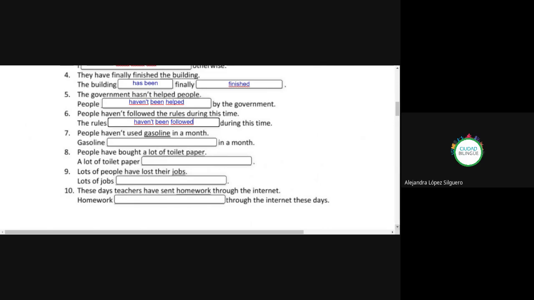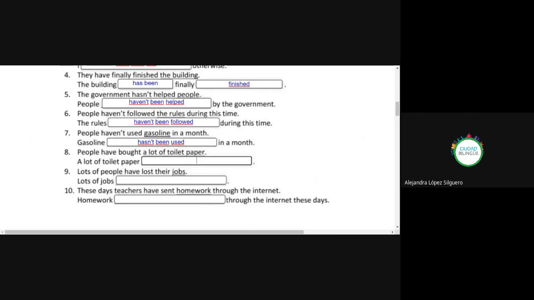Good. Number 7. People haven't used gasoline in a month. Gasoline in a month. What do you think? Very good, Israel. Hasn't been. And what's the verb? Hasn't been used. Excellent. Hasn't been used.